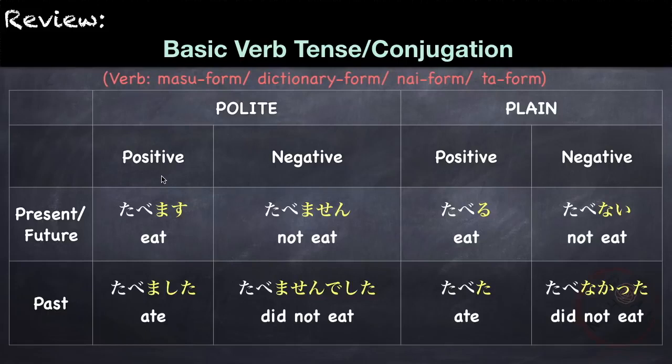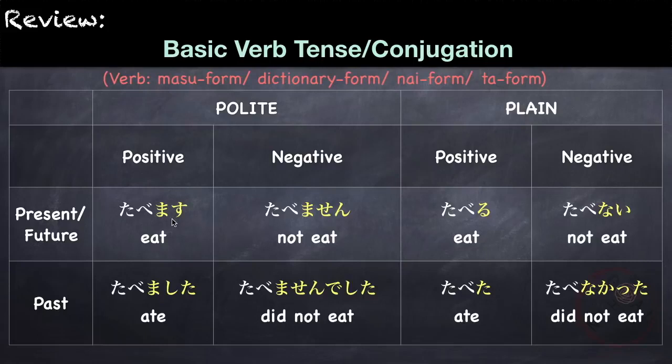So, for the positive, present, or future tense, we use the mas form. For example, tabemasu, meaning eat. For the negative, present, or future tense, we use verb masen. For example, tabemasen, not eat. For the positive past, we use mashita.